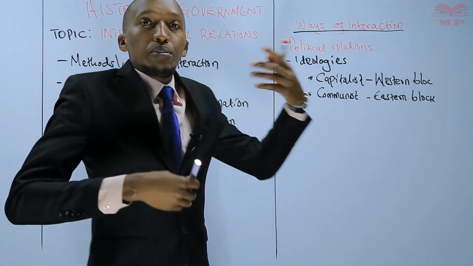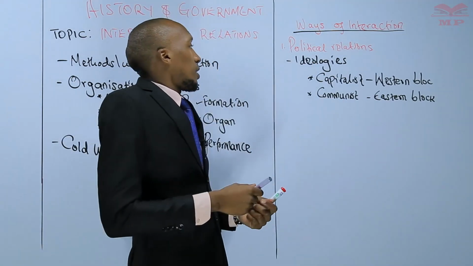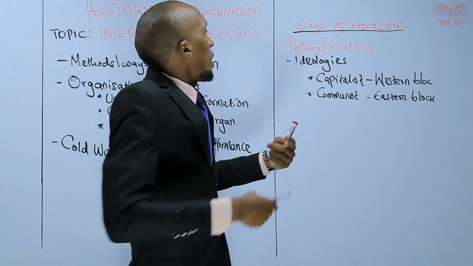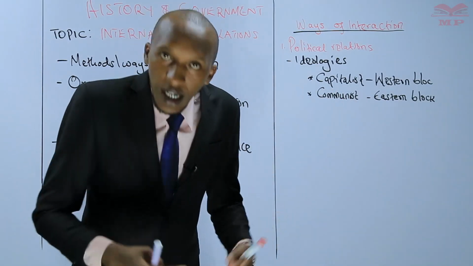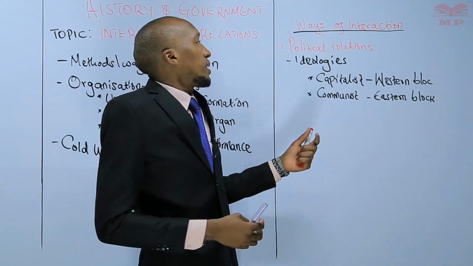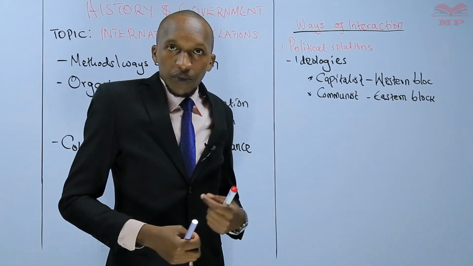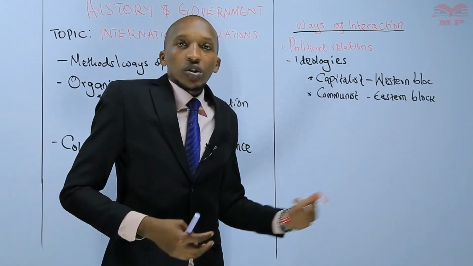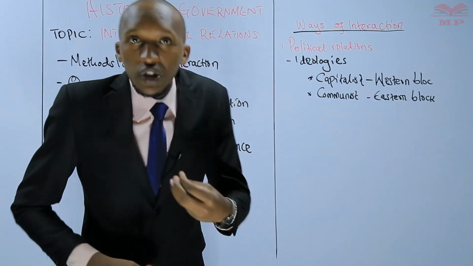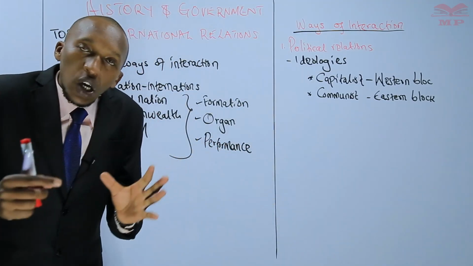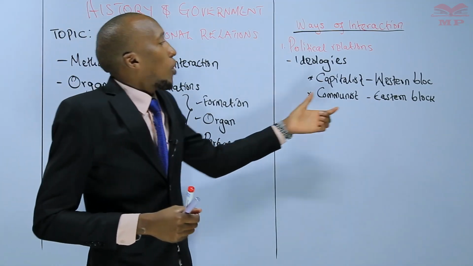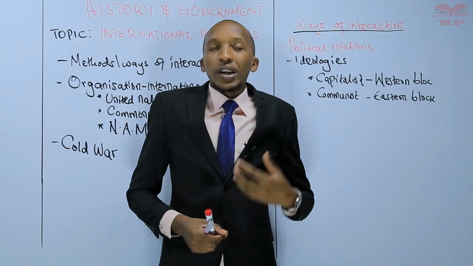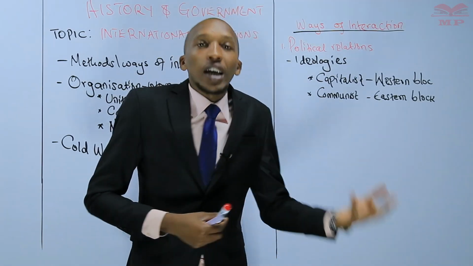So these were the major ideologies in the world, the communist ideology and the capitalist ideology. These were the ideologies that were driving the world at that time. So nations that had a capitalistic view could easily interact with one another, and the communists also. But of importance to note is that even after the Second World War, these blocs found ways of interacting. Yes, they had different ideologies, but they started borrowing ideas from others.